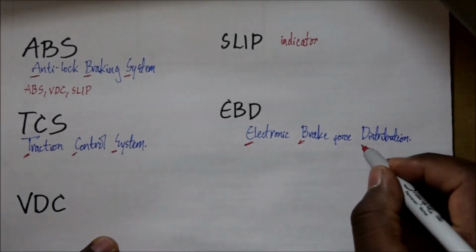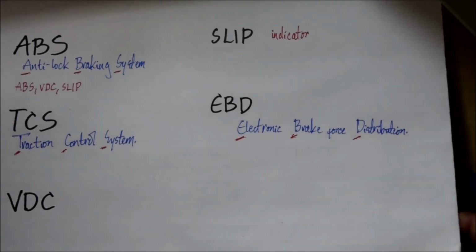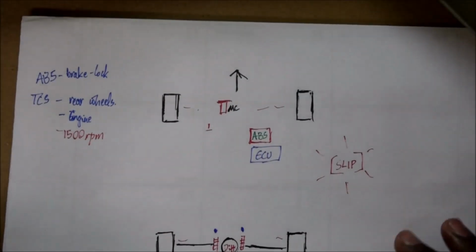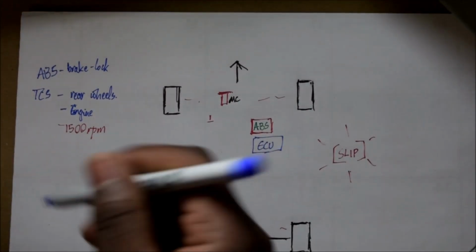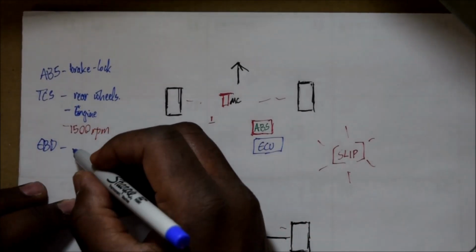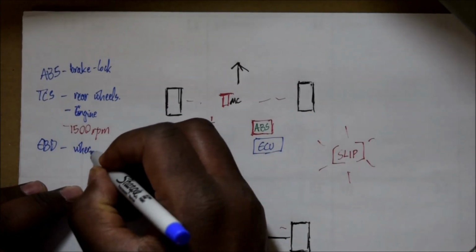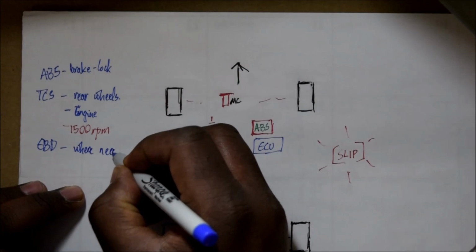You don't have to be very good with words to figure out that this is about sending braking force wherever it needs to be. So we kind of covered that a little bit, right? EBD. Now this one is about all wheels. It's about sending brake force where needed. Let's label it like that, where needed.